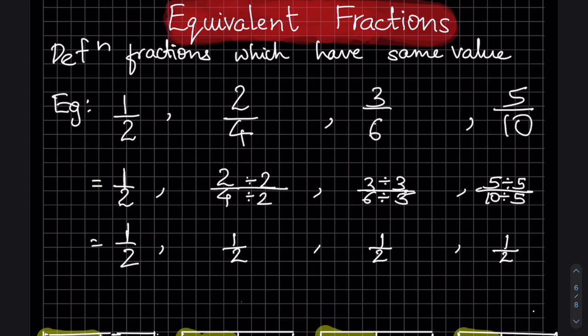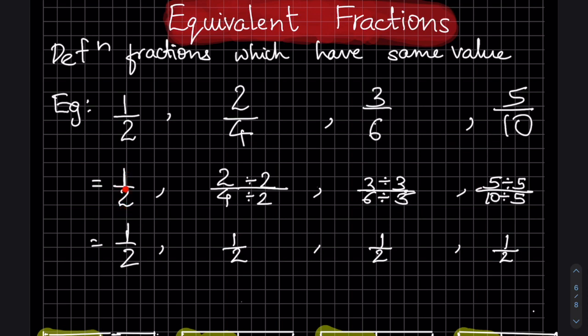Let's see how the equivalent fractions look and how we see that different looking fractions have got the same value. So here 1 and 2 cannot be divided further. So 1 and 2 cannot be reduced further because they both don't go in any other same table apart from 1.